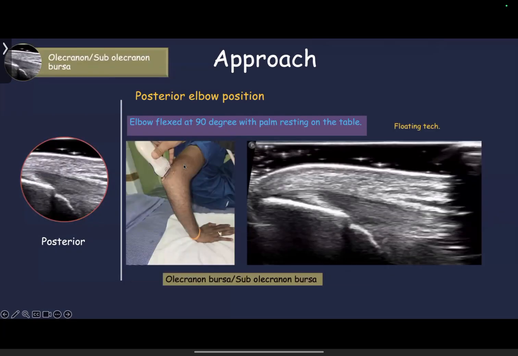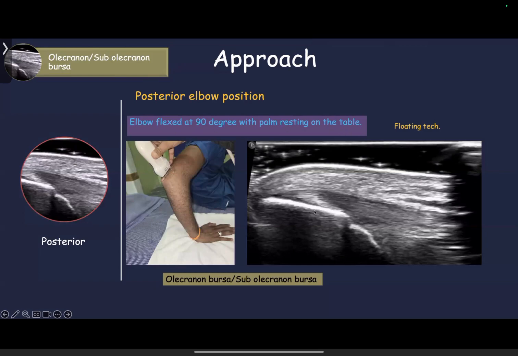Next, it is very important that you use a lot of jelly here. We just touch the probe to the surface of the jelly. We are not compressing the jelly. We are using it as a window. This is called the floating technique. Again, the position will be the same: elbow flexed at 90 degrees with palm resting on the table.